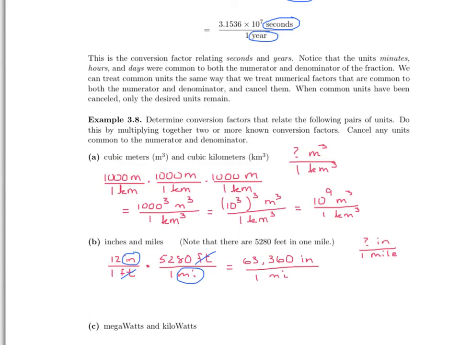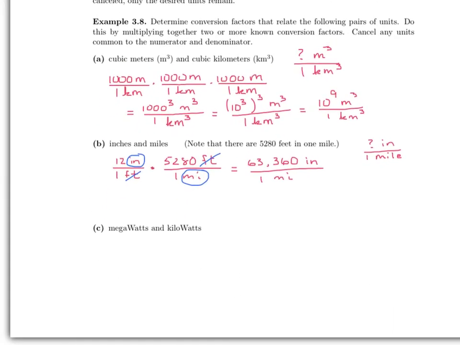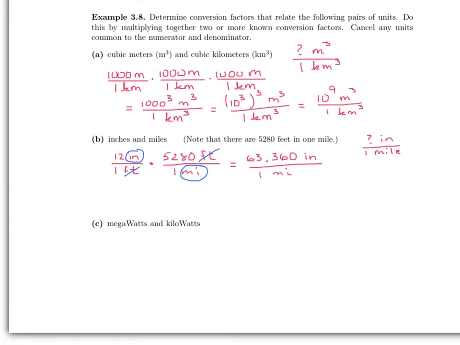Okay, let's have a look at Part C. In Part C, we want to find a conversion factor that relates megawatts and kilowatts. Well, recall that mega, the prefix, means to multiply by 10 to the 6.